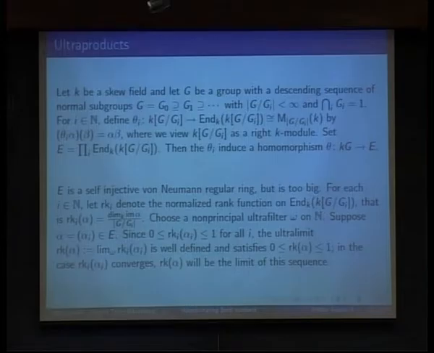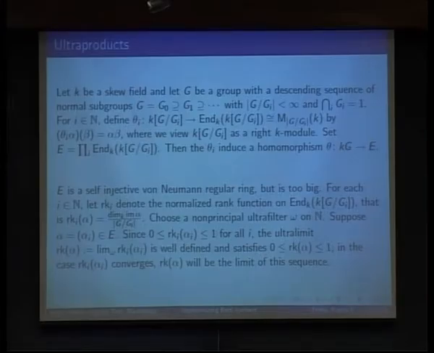And then you set E to be the Cartesian product of these matrix rings. And then these theta i's obviously induce a homomorphism KG to E.